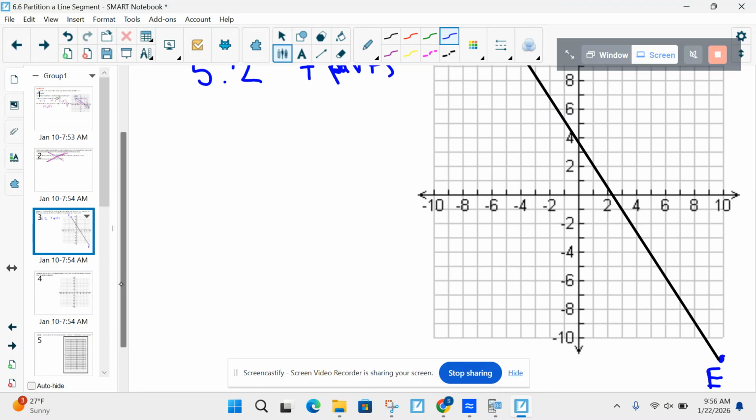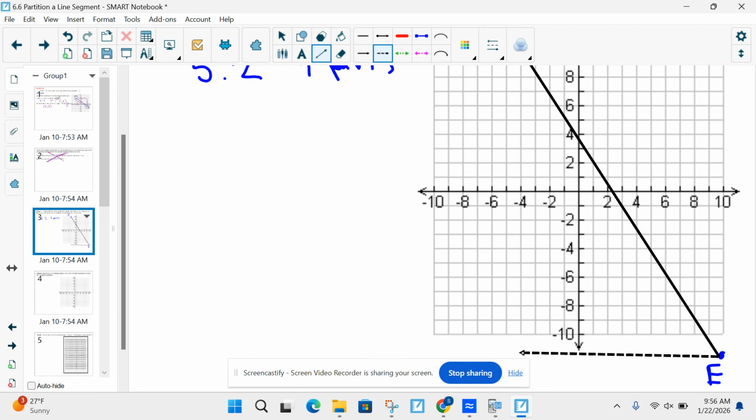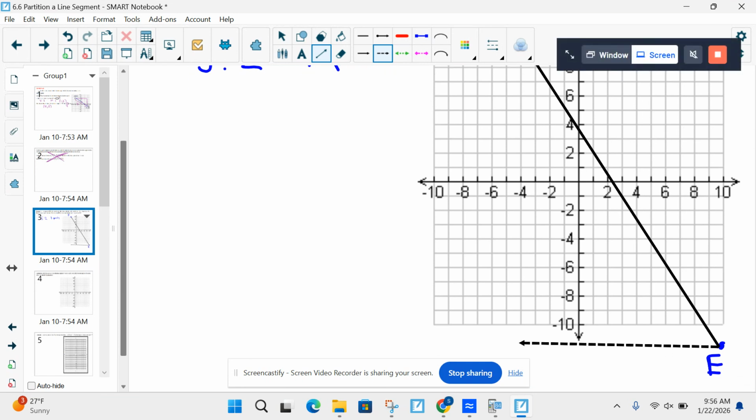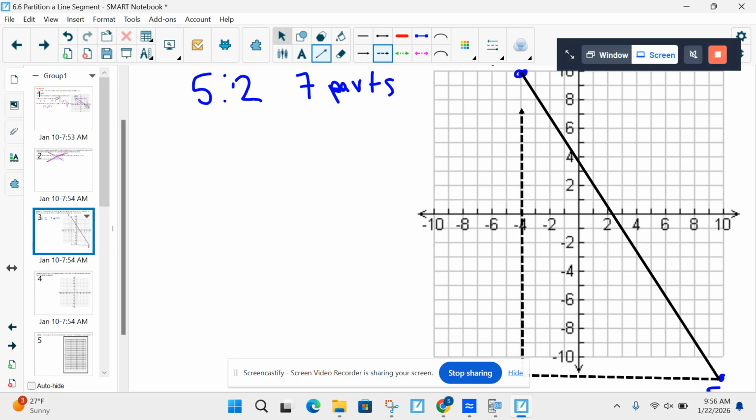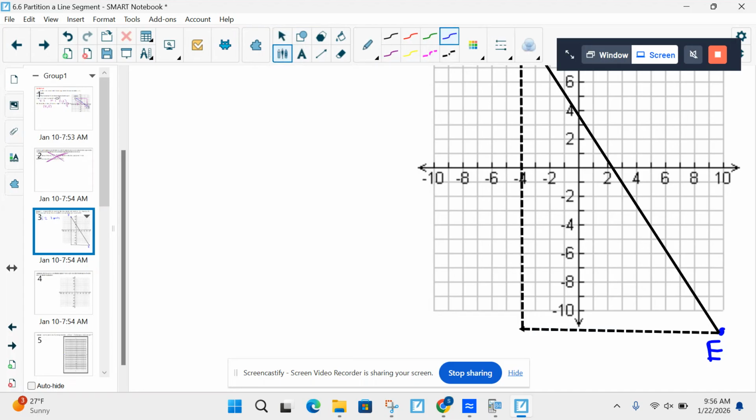So from E, draw a line segment or a dotted line maybe that goes over to F, and then another line segment that goes up to F. It's like you're making a triangle. Okay, then what we're going to do is we're going to find the horizontal and the vertical component to this.